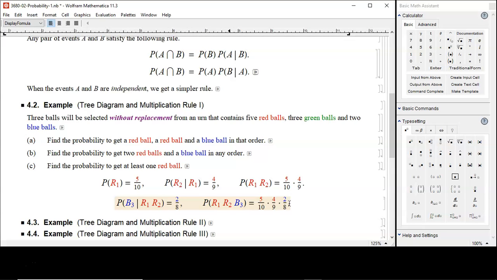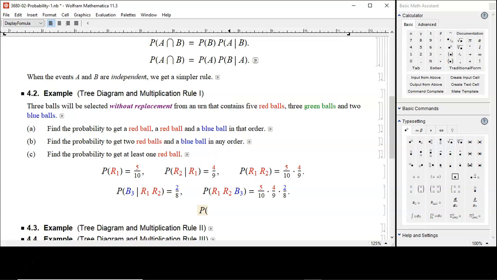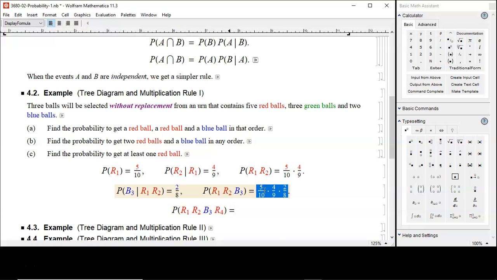Now what if my fourth row is another red? The probability of this and one more. Use the same idea.